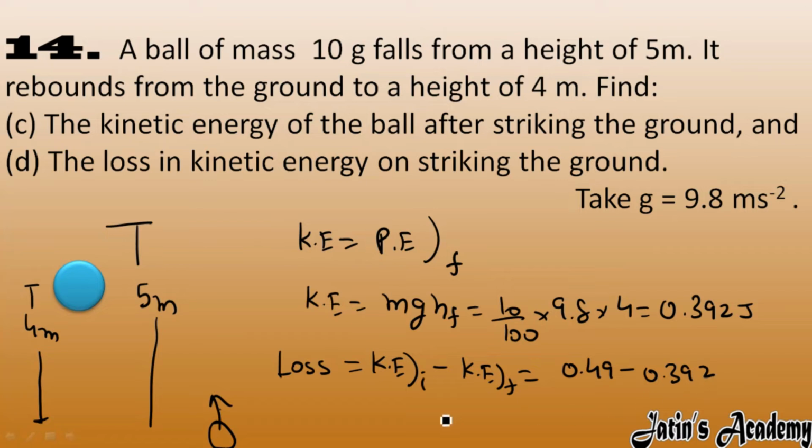So loss in kinetic energy we got as 0.098 joule, which is a small value, but this energy is lost because when the ball strikes the ground, some heat is released into the environment when it is touching or rubbing with the ground, and some sound is produced. So that energy is actually lost. So that's why the raised height is less than the actual height.